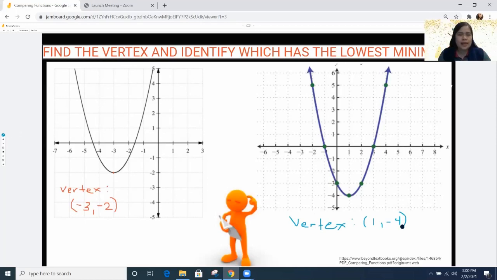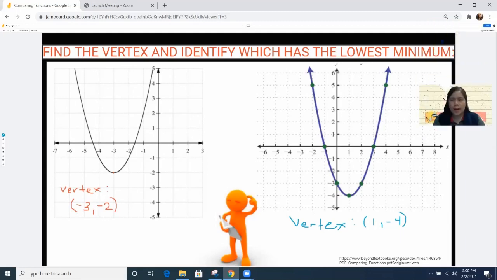Now it is asking us which has the lowest minimum. The minimum is the lowest point. This is the minimum, and this is the minimum.